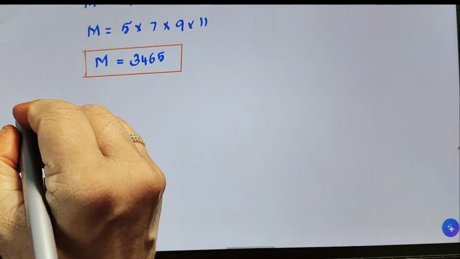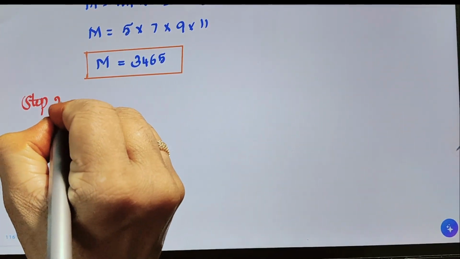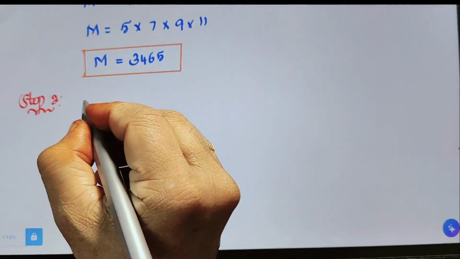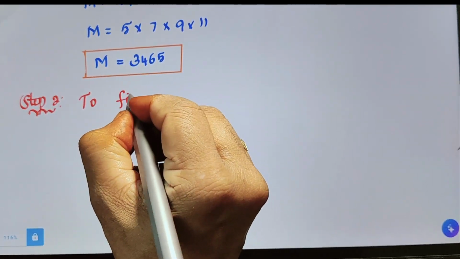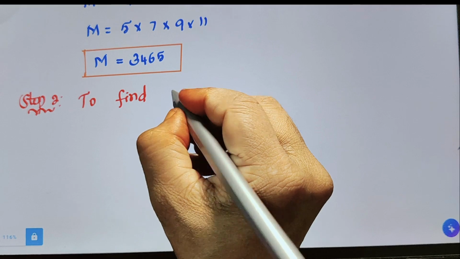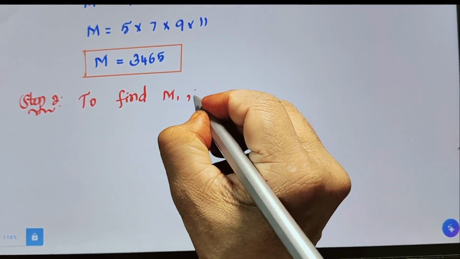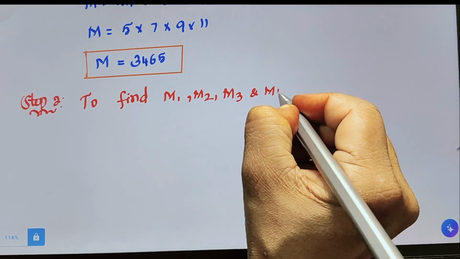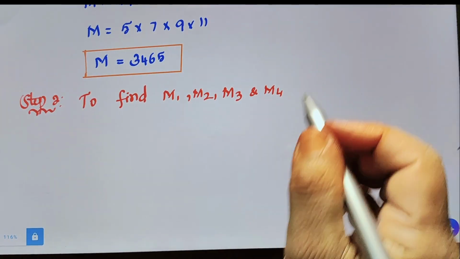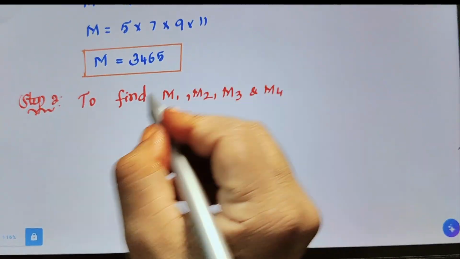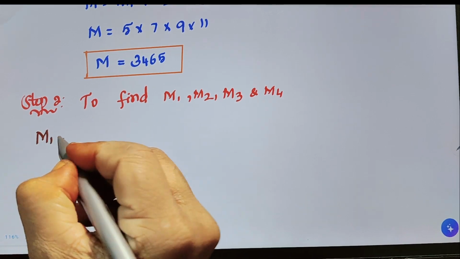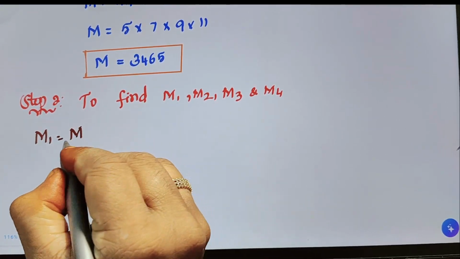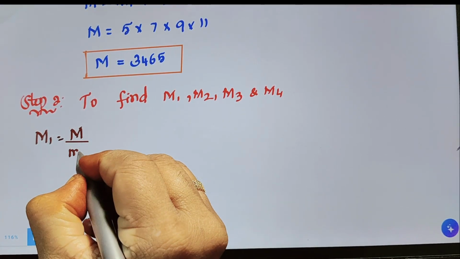Step 2, to find capital M1, M2, M3 and M4. Write the formula: capital M1 equal to capital M divided by small m1.